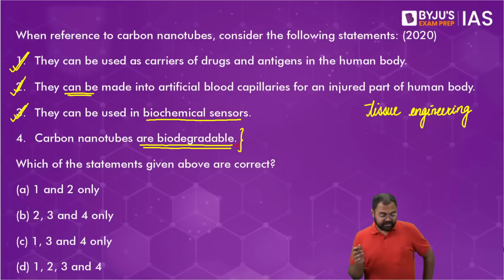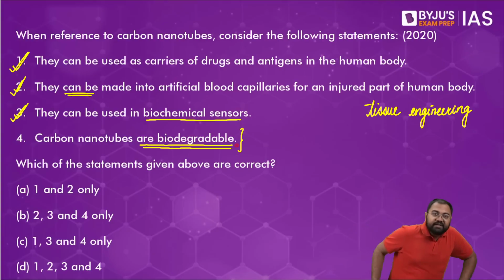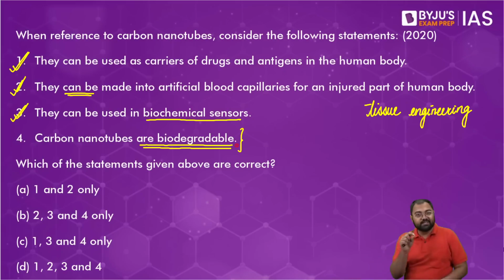So their biodegradation is not that easy. For example, a natural biodegradation with the help of, let's say, microorganisms is not easy. We are trying to make certain genetically modified microorganisms that could act on these carbon nanotubes, but that's again an active area of research.